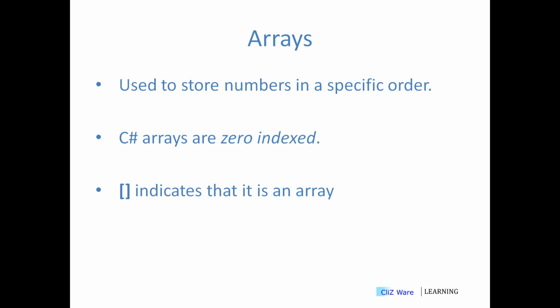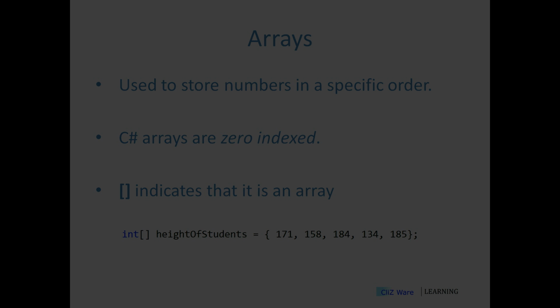Here I'd like to show an example. Int, so it's a typical declaration of a variable. You put int, you put these brackets, and you enter height of the students. That's just one of the variables I like to use, and then you have these braces to enter some of the data you would like to have. I think 1, 2, 3, 4, 5 values in this case.